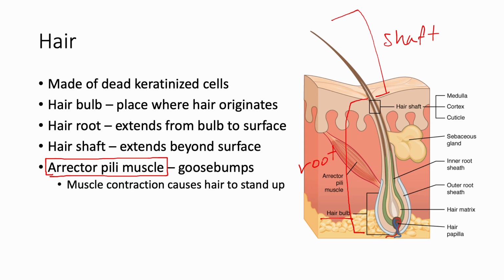This erector pili muscle is shown right here, connected to this hair. It's a type of smooth muscle, and this is the cause of goosebumps. When this muscle contracts, it essentially causes the hair to stand up. So that would be an example of muscle tissue in the integument.